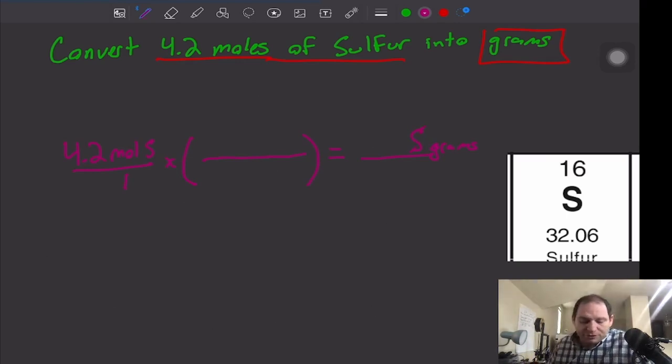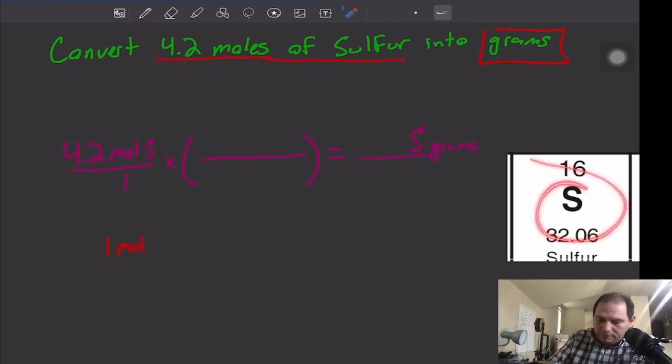So we've got to find the conversion. Now I know that 1 mole of sulfur is the same as 32 grams.